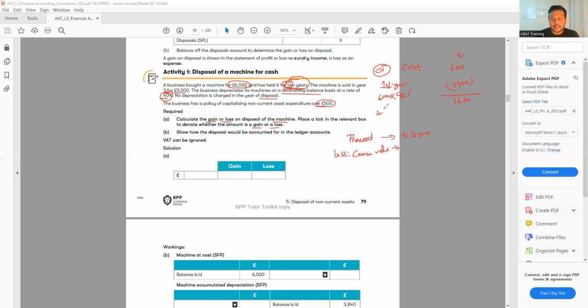So second year. This time we do 3,600 times 40%. And that will give us 1,440. And after 2 years, my carrying value is 2,160. So that's how we need to find out the carrying value.